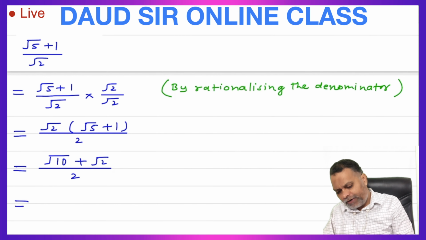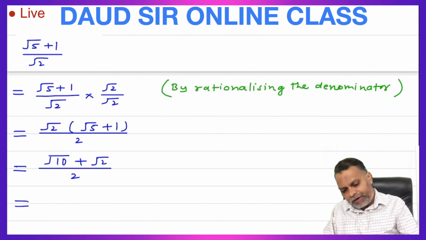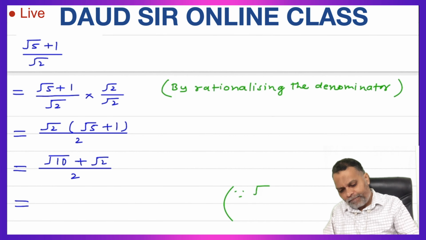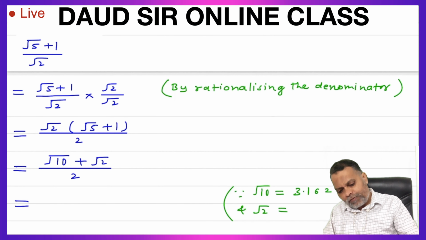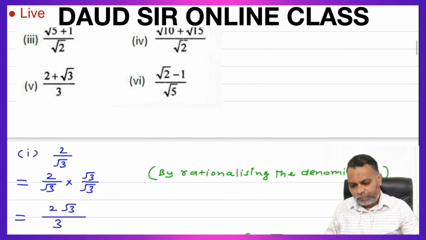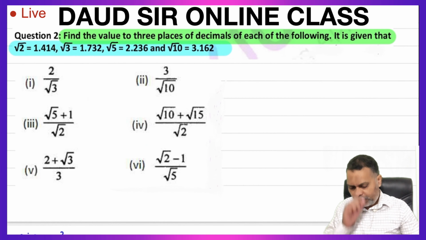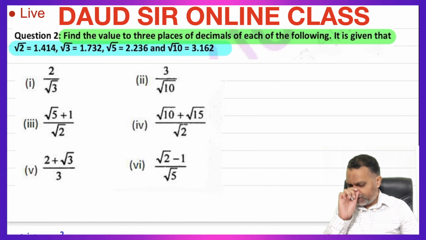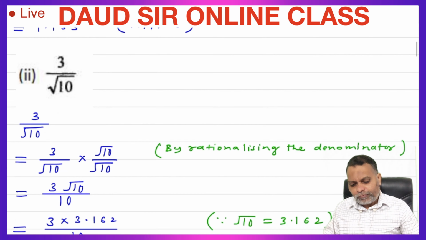Now substitute the values. Root 10 is equal to 3.162 and root 2 is equal to 1.414.